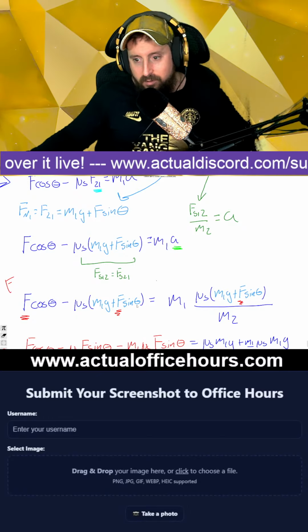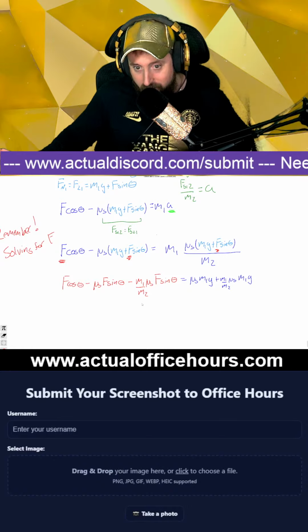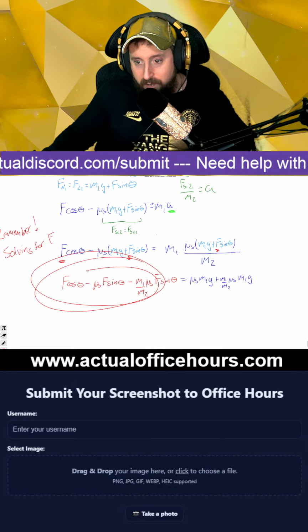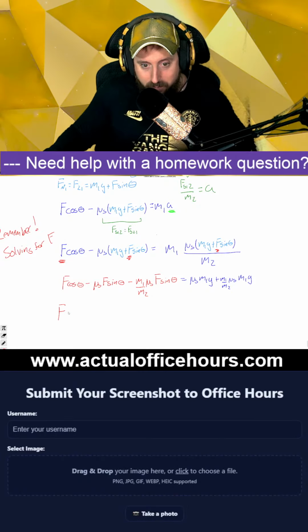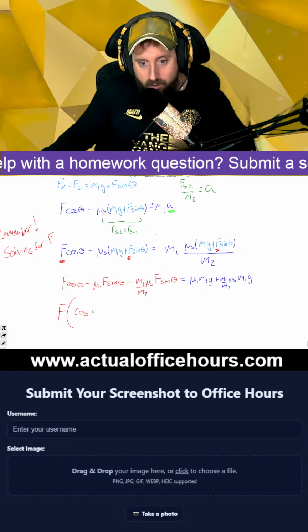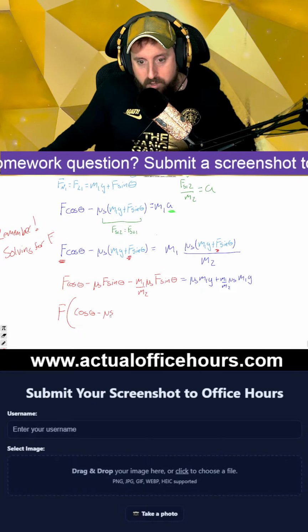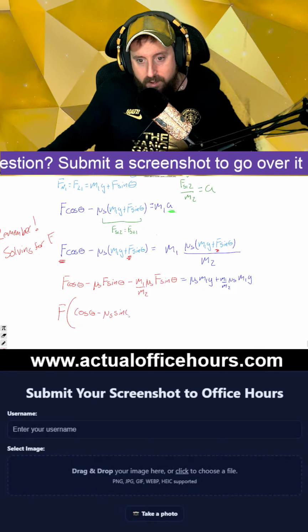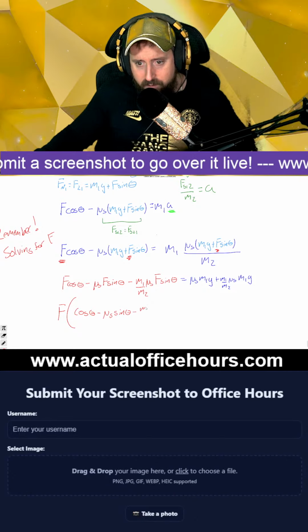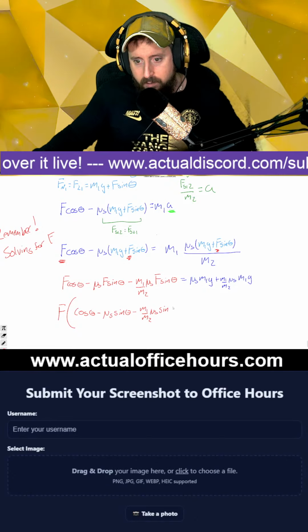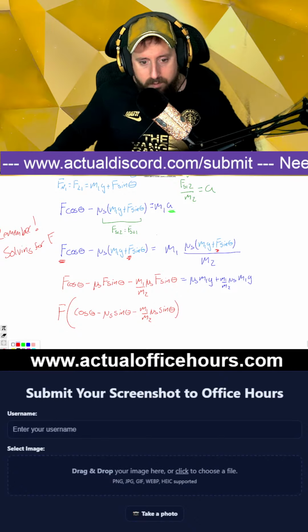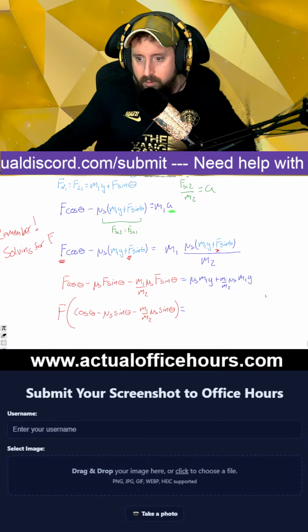Nice. Okay, great. So, now we're down to here. I have all my F's on the left side. I have all the other garbage on the right side. Let's factor out F. So we're going to factor out an F. And that's going to get me cosine theta minus mu s sine theta, and then minus M1 over M2 mu s sine theta. And then all of that is still equal to this.